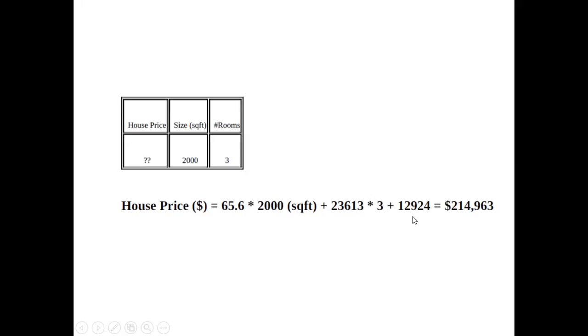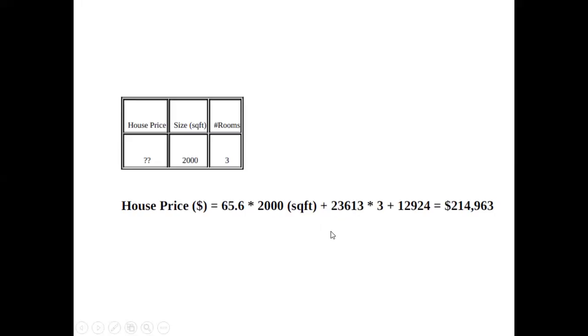When we calculate all this, we get the price as 214,963 dollars. This predicted value should be compared with the actual values to see how close the model is able to predict the actual value. So this is about linear regression.